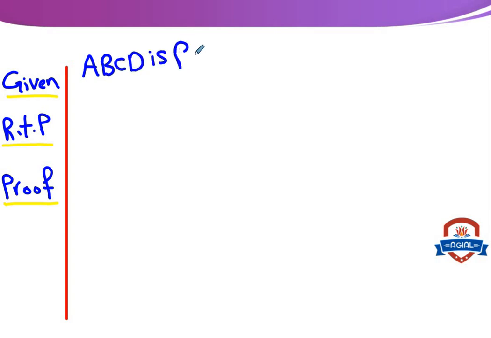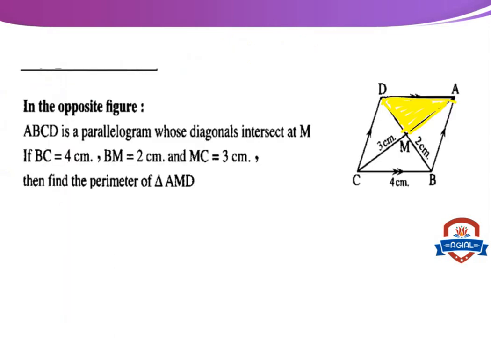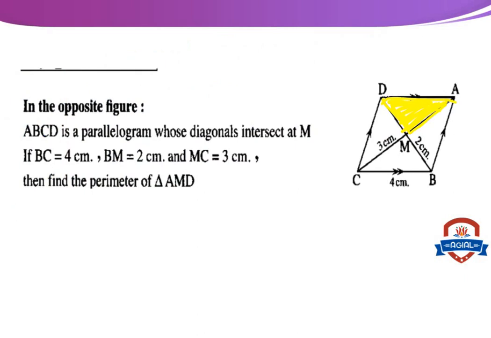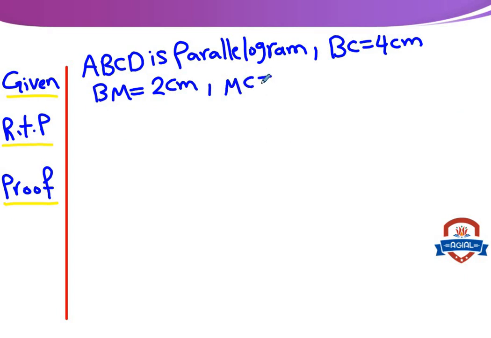And BC equals 4 cm. BM equals 2 cm. MC equals 3 cm.